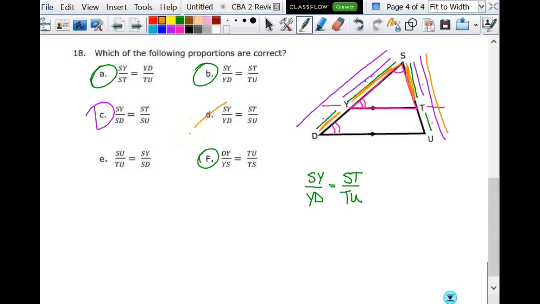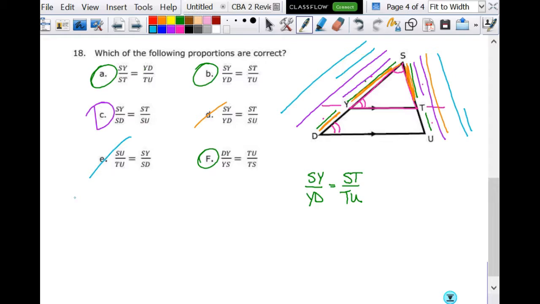I don't like D. Then I'm going to look at E. SU, the whole thing, over TU, the bottom piece, equals SY, the top piece, over SD, the whole thing. Again, we're not consistent. We've got whole thing over little piece, other little piece over whole thing. That one totally does not work.